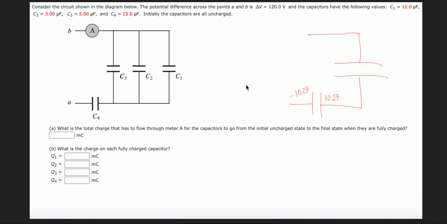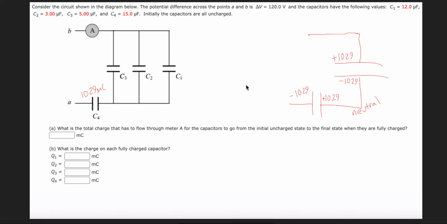So we're going to have negative 1029 here and positive 1029 there. The reason is that this middle part is overall neutral, but it will polarize so that the charges separate. All right, so now we know that we have to have 1029 on this capacitor and 1029 on the rest as well.